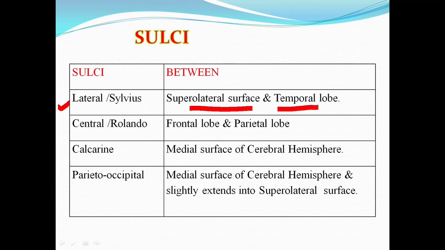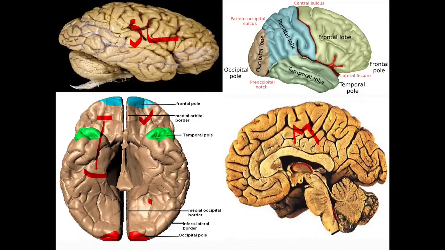So I can say the frontal lobe and the parietal lobe are separated from the temporal lobe. Here this is the frontal, this is the parietal, and try to observe there is a sulcus which is going inside. Here also you can identify it. This sulcus is called the lateral sulcus, separating the superolateral surface, the frontal and parietal lobes, from the temporal lobe.